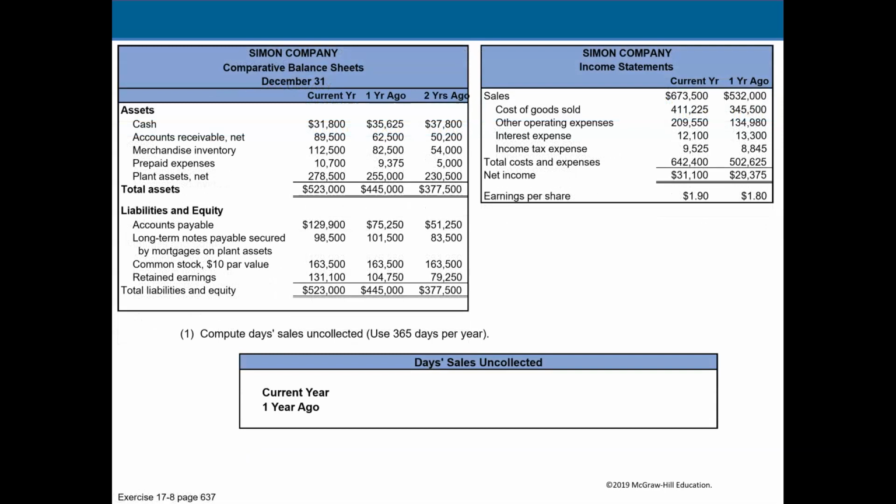Okay, let's look at days sales uncollected. First, we're going to look at the current year and one year ago. The accounts receivable for the current year is $89,500 divided by the net sales of $673,500.